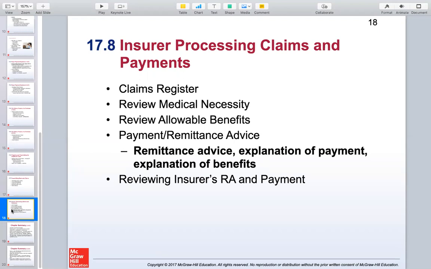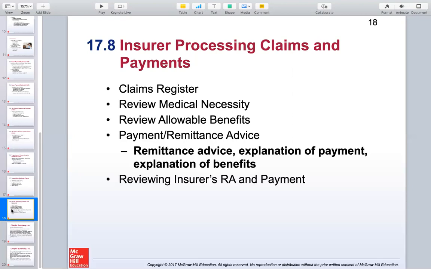And please don't think that you have to know how to do this. This is just you having a general understanding of what this is and how it's done, in the important role of you making sure that you have all the correct demographic information in, as well as the insurance information.